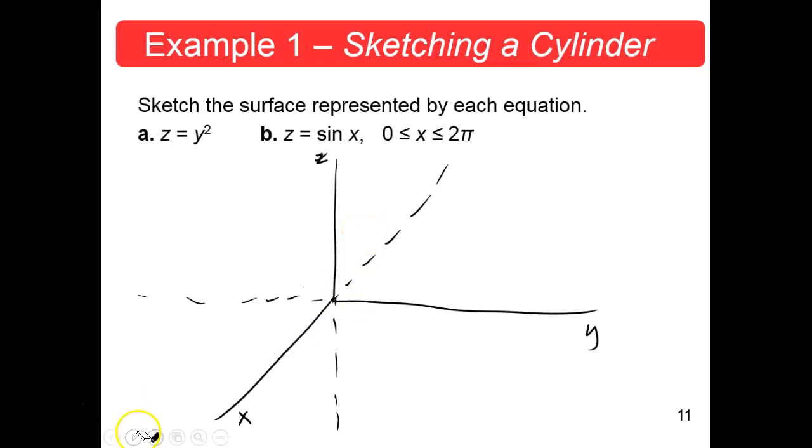Okay, the B one then is z is equal to sine x. Okay, that's your sine function in the xz plane. Now, remember, sine starts at 0, 0, and when x is increasing, z will be increasing too. So it comes up to that, goes down.